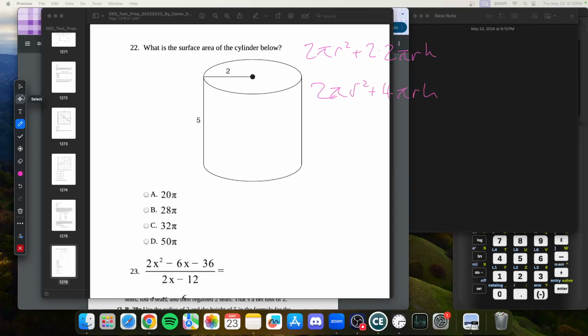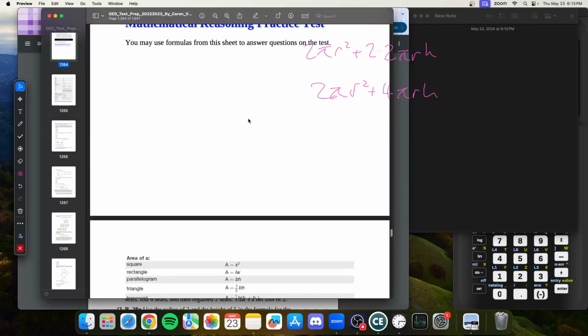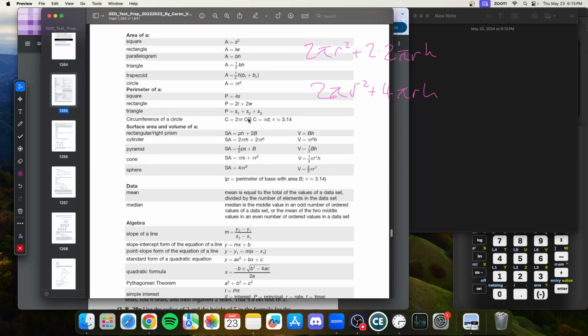I wonder how the formula sheet writes it down. If you forget, it's in the formula sheet. Oh, I got it wrong. Shoot. It's just 2. Why did I multiply that by 2? I don't know. You need 2 pi r squared because there's a circle on top and a circle on the bottom. And then you multiply the circumference by the height to get 2 pi r h.